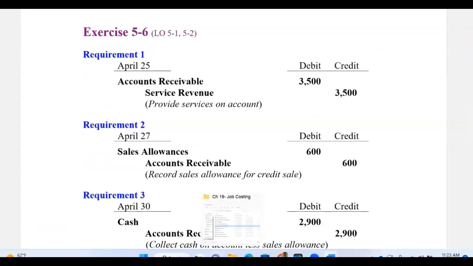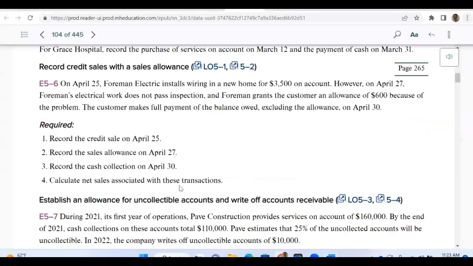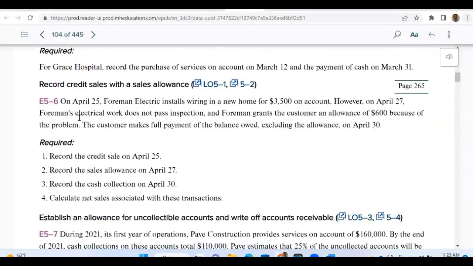Let's do number 6. On April 25th, the company installs wiring in a new home for $3,500 on account.